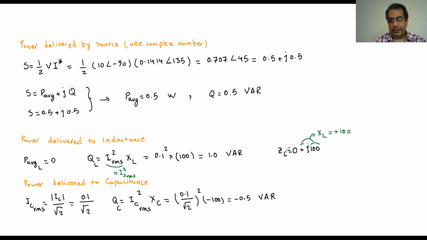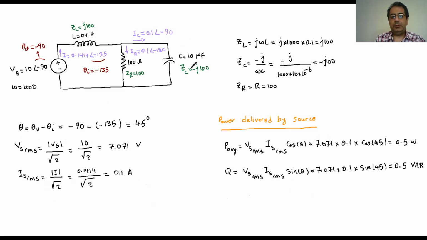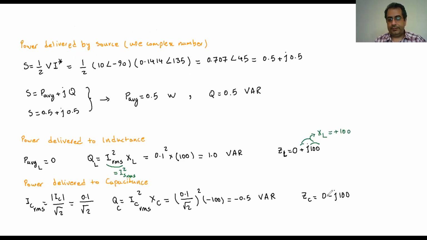Again, this is the ZL that we have here. And then the ZC is going to be 0 negative j100. So the ZC is negative 100, so it would be 0 negative j100. So then here again, it's going to be 0.